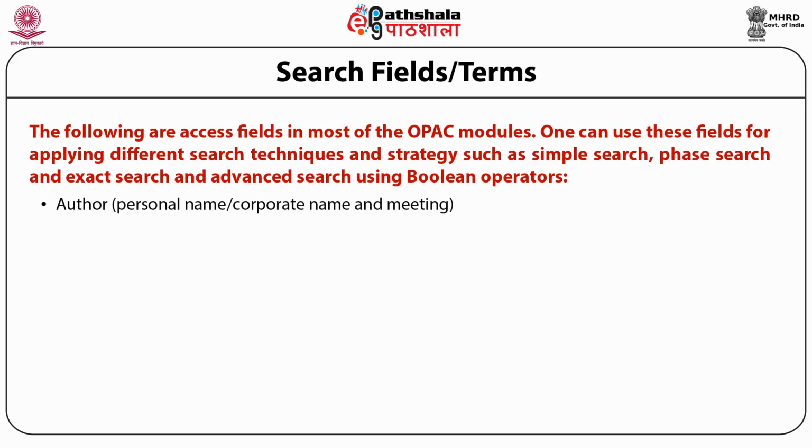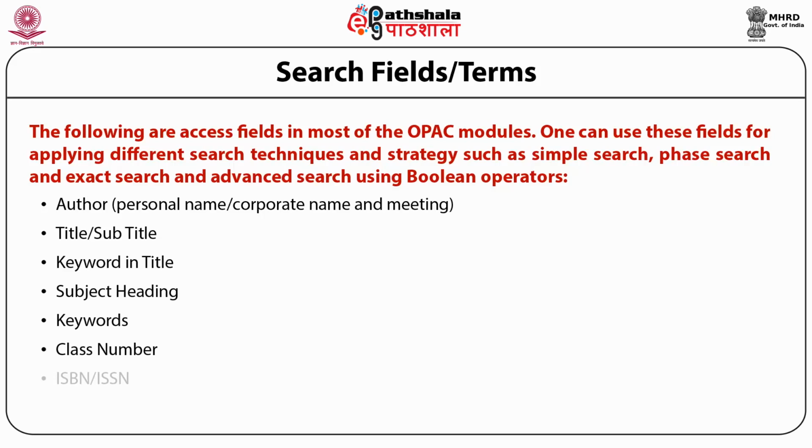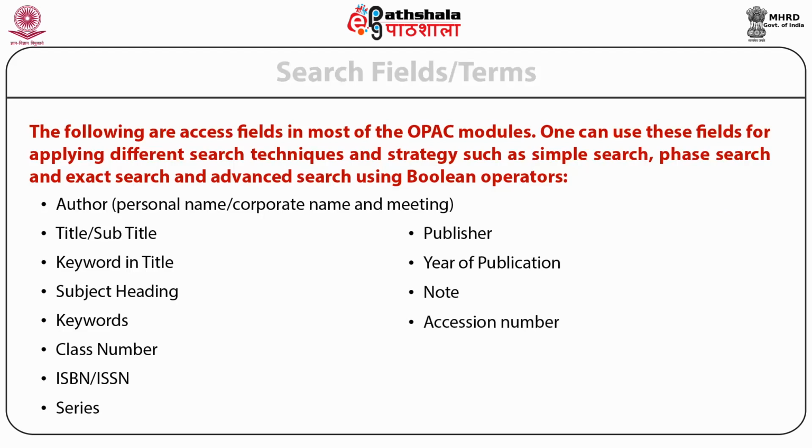First, author, which includes the personal name or corporate name and meeting. Next, title or subtitle, keyword in title, subject heading, keywords, class number, ISBN or ISSN, series, publisher, year of publication, note, and accession number.